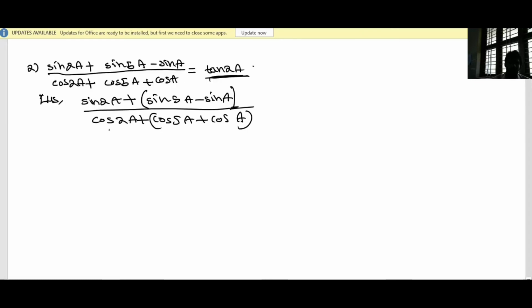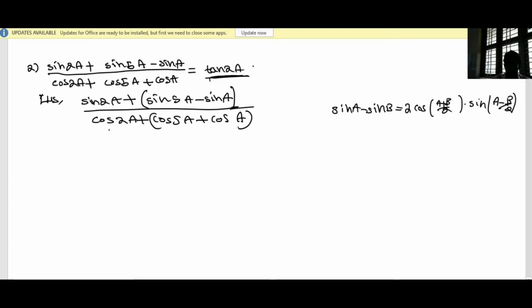Now see the numerator, the second and third terms, which are in the form sin A minus sin B. We have the formula: sin A minus sin B is equal to 2 cos of (A plus B) divided by 2 into sin of (A minus B) divided by 2.